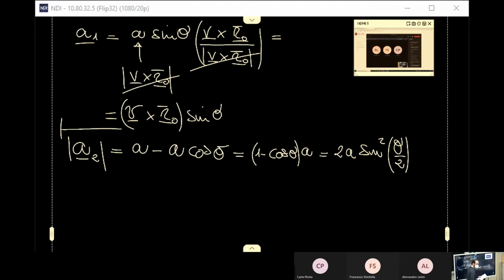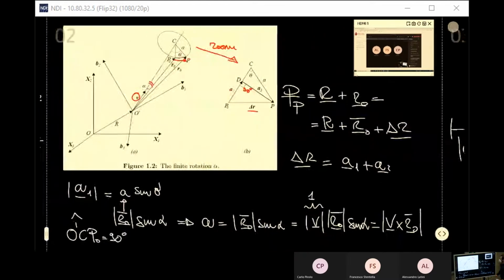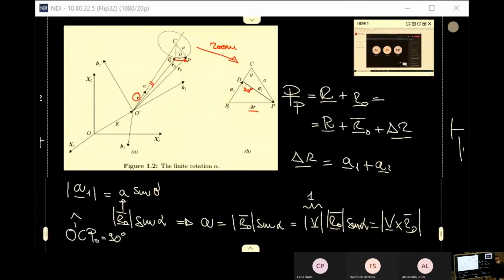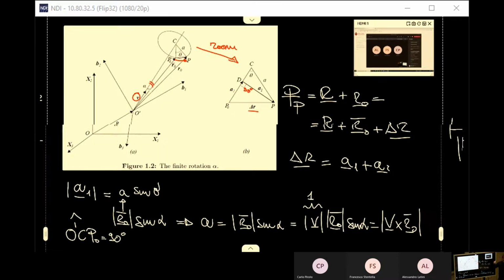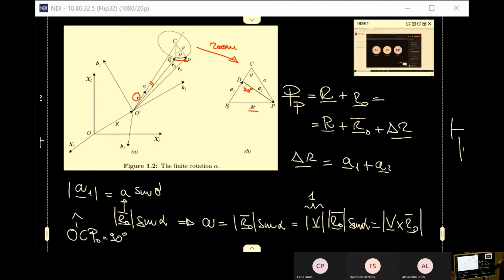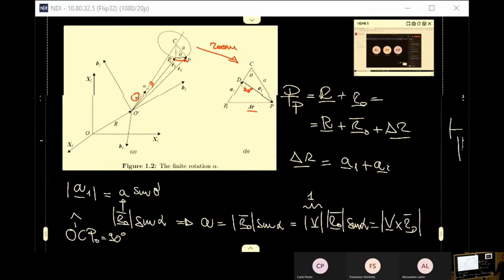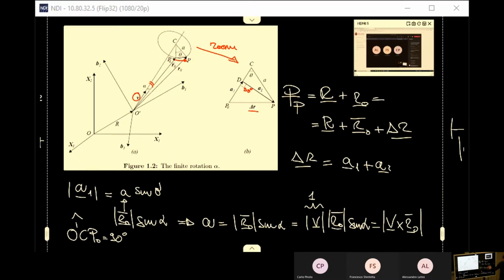with the direction. And to express the direction, let's have a look again at the drawing. So a2 is perpendicular to a1, right? We saw it here. So if the direction of a1 is v vector r0 over bar, as we saw before, if we apply again the vector product, we will get something which is orthogonal, right?